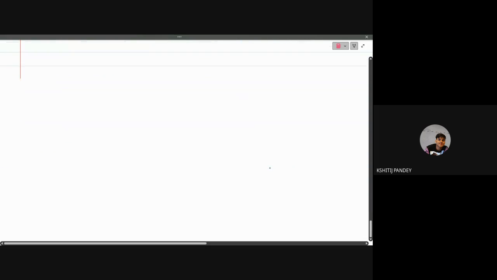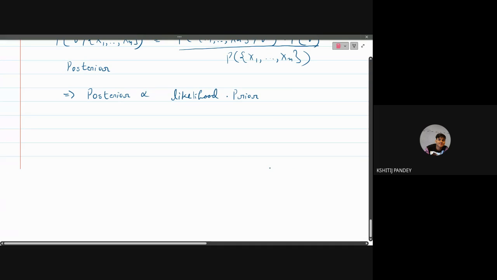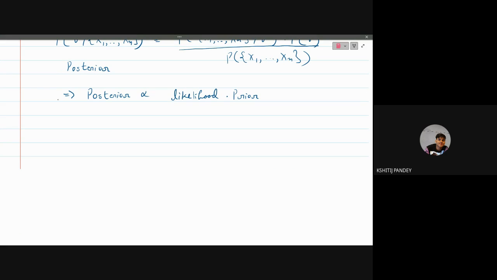So, for example, what will this do to the distribution of our unknown parameter? Let's say our belief was that the value of p is close to 0.9.